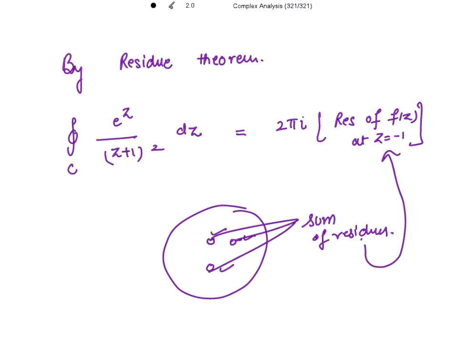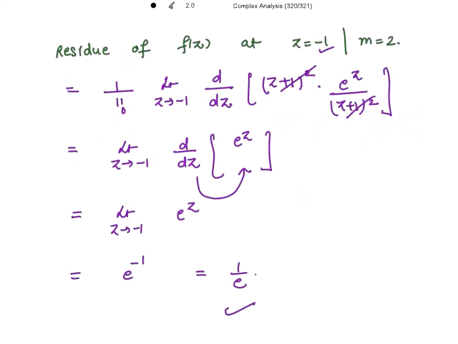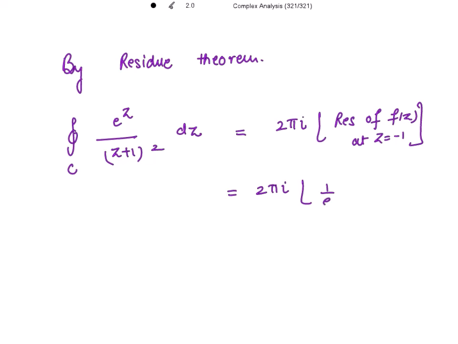You have to take the sum of the residues inside the bracket, right? But here, because we have only one singular point, we have calculated only one residue at that point. Okay, what is the residue we have calculated? It is 1 divided by e. So 2 pi i divided by e is the required solution.